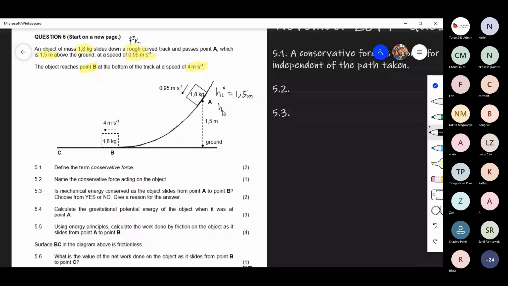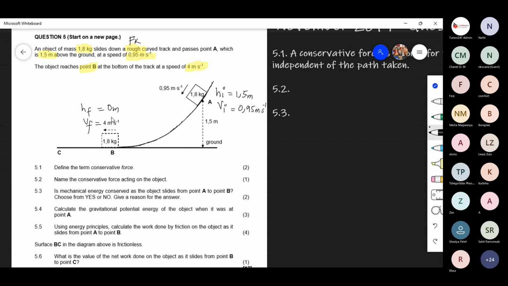Sorry, I mean the initial velocity, which is 0.9 meters per second. My final velocity would be here at point B, and the final height would be 0 meters above the ground because it is on the ground.